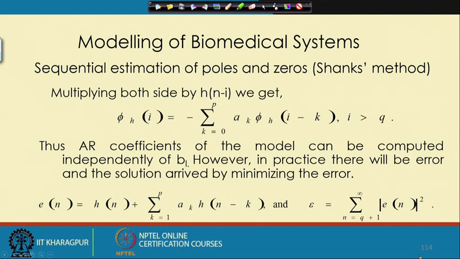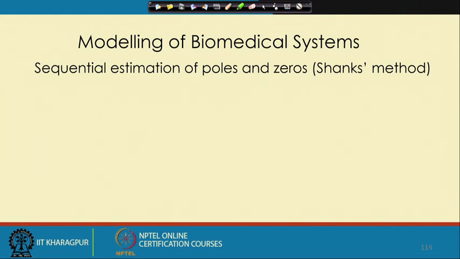In this case precisely we have p unknowns and n minus q equations, which is much larger than p. So it is an over determined system, and we need to take care of the error. The error is defined in this way, and we minimize it to find the best possible solution.